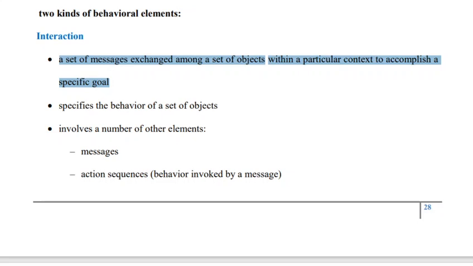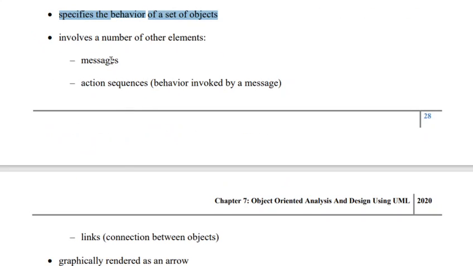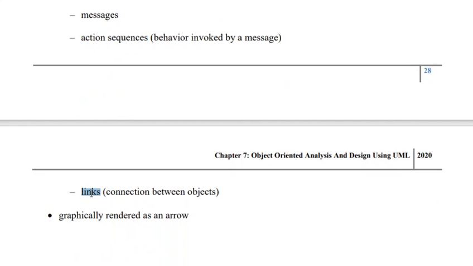So interaction basically represents a set of messages exchanged between the set of objects that are involved in realizing a particular behavior or accomplishing a specific goal. It specifies the behavior of a set of objects, as we've discussed. It involves a number of other elements like messages, the sequence of actions that takes place whenever message communication occurs, and links, which are the connections along which the exchange of messages takes place, and graphically it's rendered using an arrow.